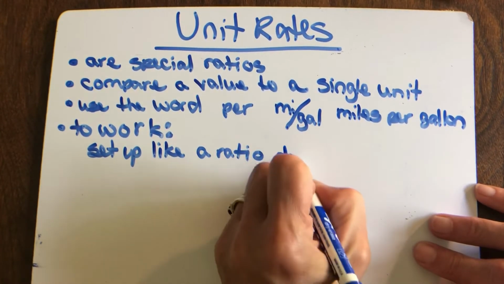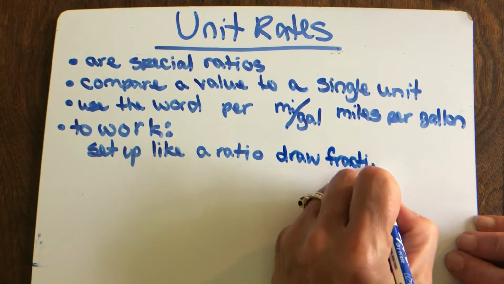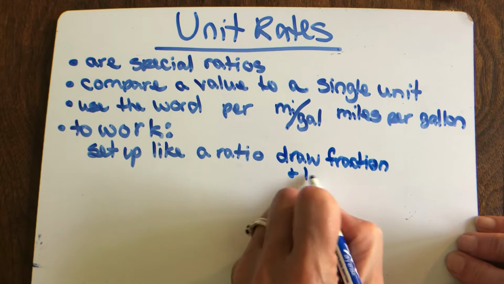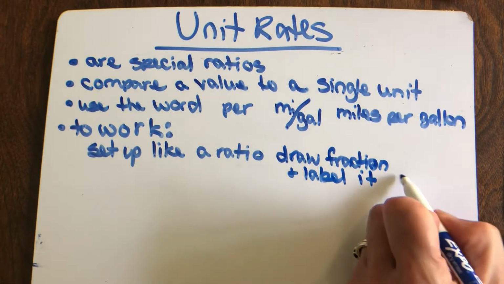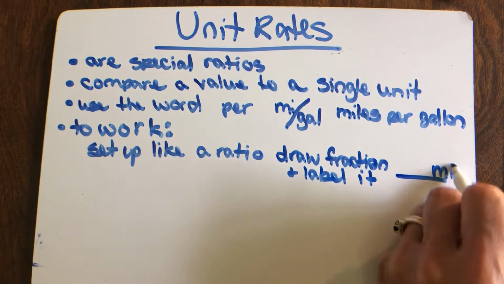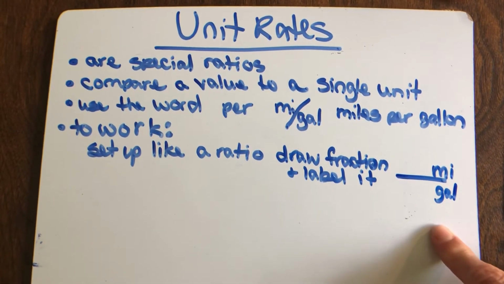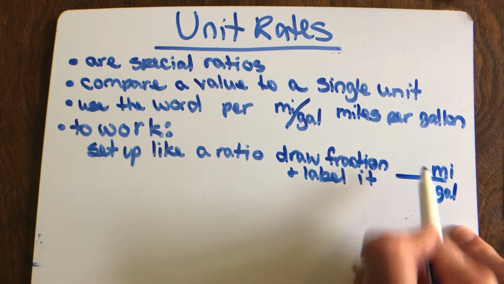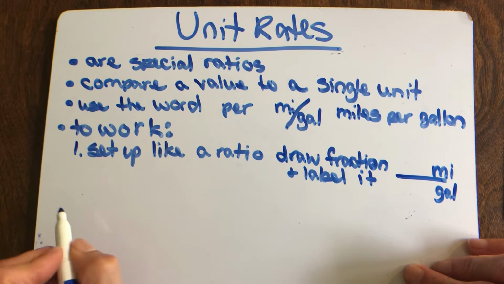So we're going to draw a fraction line. And then we also want to label it so that you can get your right units. So if I want miles and then I want gallons, I got to make sure I put that on my line so I'll know that that number's got to go with miles. Okay? So we want to set up like a ratio.